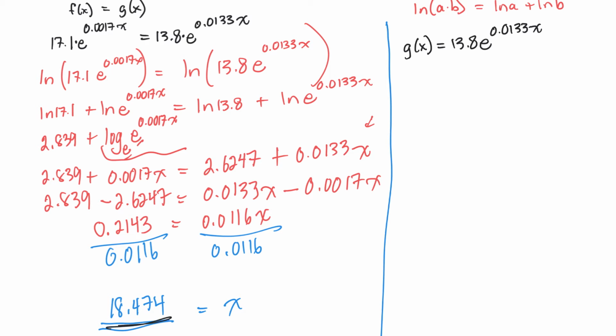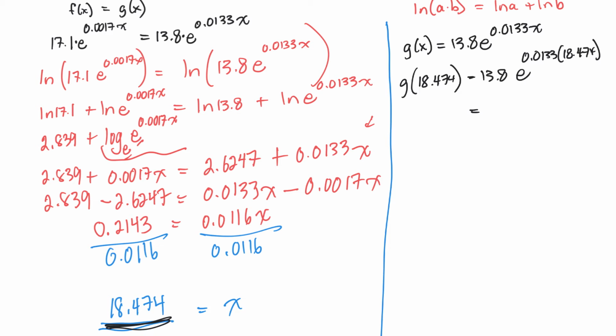So I'm going to plug this in for x. So the value of the function g, when you plug in 18.474, will be equal to 13.8 e to the 0.0133 times 18.474.